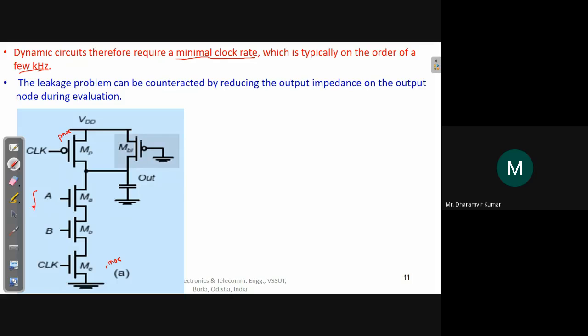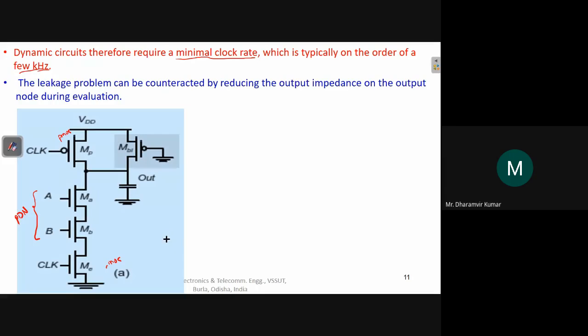And here this is the pull down network, that consists of a series combination of two NMOS transistors. So can anyone tell me what logic function will it implement? Which logic function is this dynamic circuit implementing?